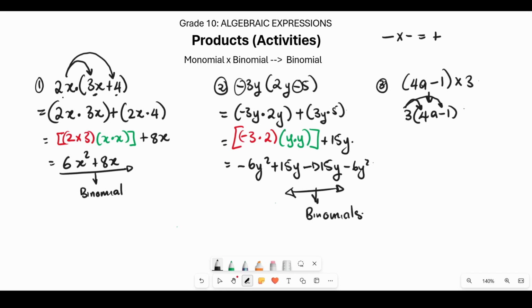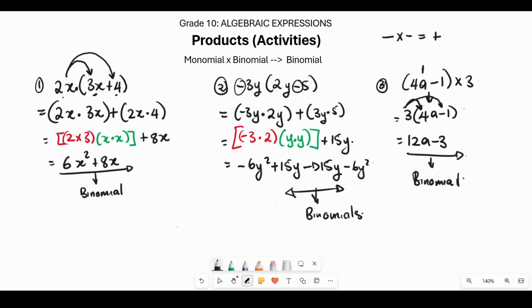We can just say 3 multiply 4, which is going to give you 12, then you have the a on the side. Then 3 multiply -1 takes the sign of the term inside, which is going to be -3. So check here, this is a binomial.